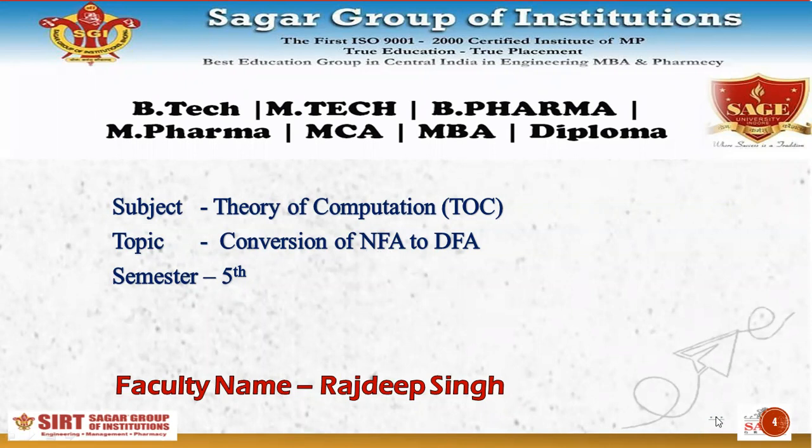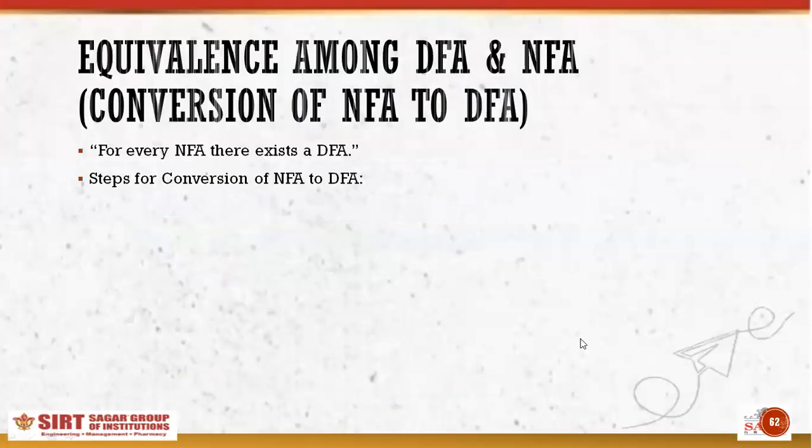As we studied in the last lecture, a non-deterministic finite automaton is a machine where the condition of non-determinism exists. That means we do not have a clear idea of which transition is to be followed or executed to get the ultimate result.